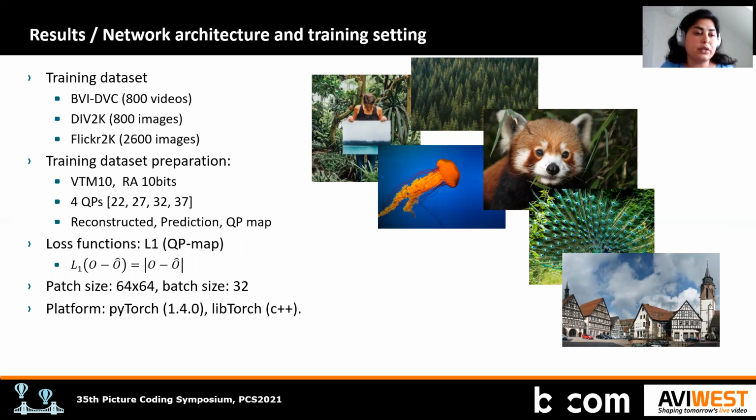We also extracted the reconstructed frames, prediction, and the quantization parameter map from each decoded video. As loss function, we used the L1 norm. During training, we extracted 64 by 64 patches with a batch size of 32. For training, we use PyTorch, and for inference, we use libtorch in C++.